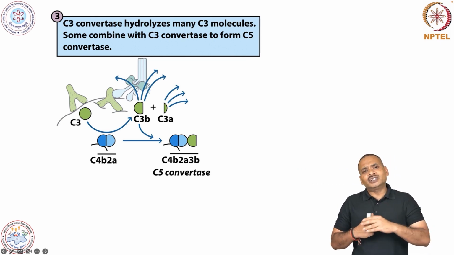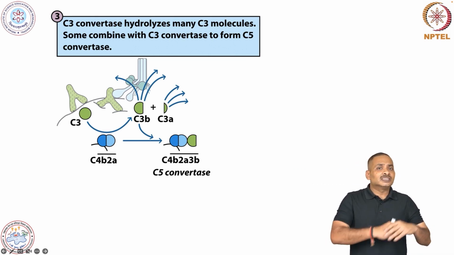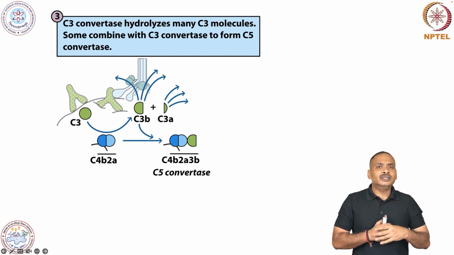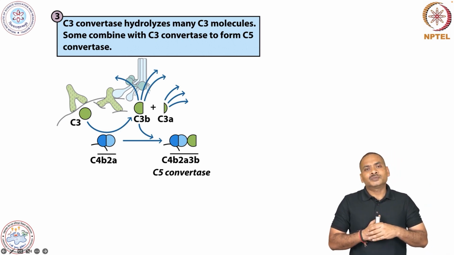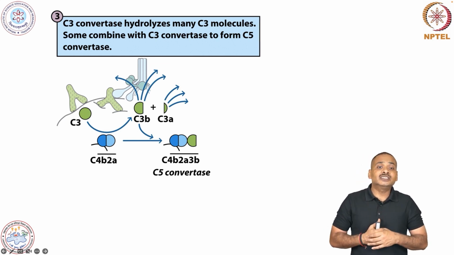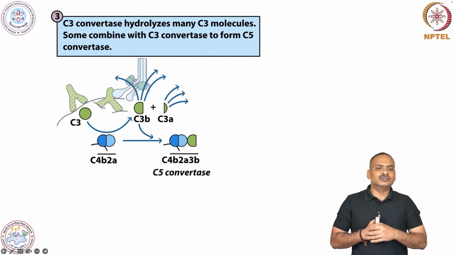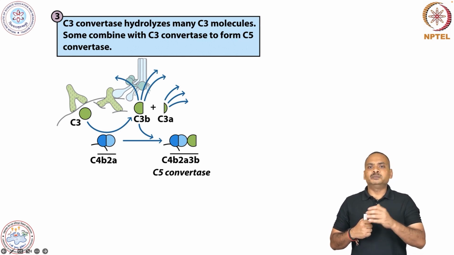This C5 convertase is generated when the C3 convertase, C4B2A, interacts with C3B, and eventually the C5 convertase will be C4B2A3B.